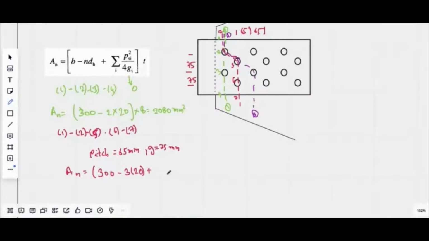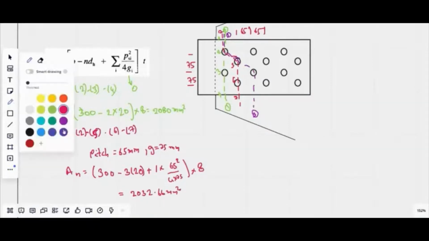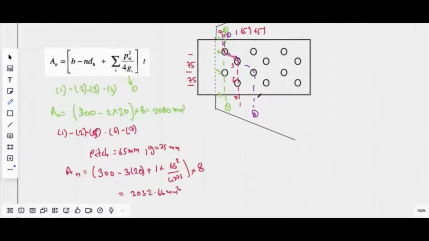There is only one inclined pitch. 1 into the pitch 65 square divided by 4 into 75, into thickness, which is 8 mm. The value can be written as 2032.66 mm square. So we can also calculate the critical section by referring to the next type of zone. In this plate, there are two possibilities of how it may fail.